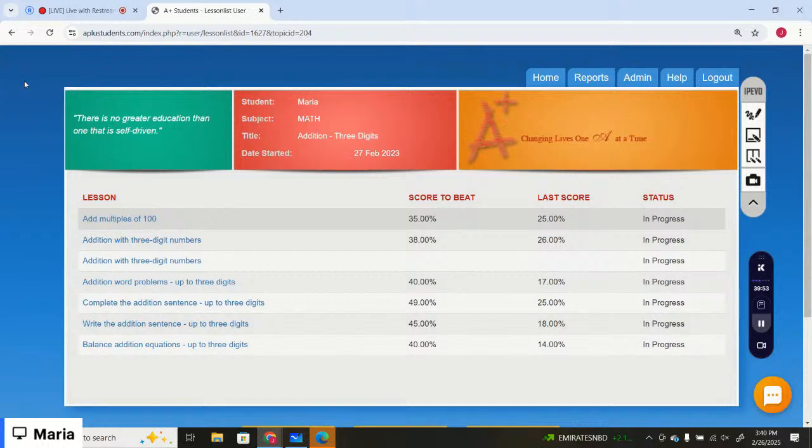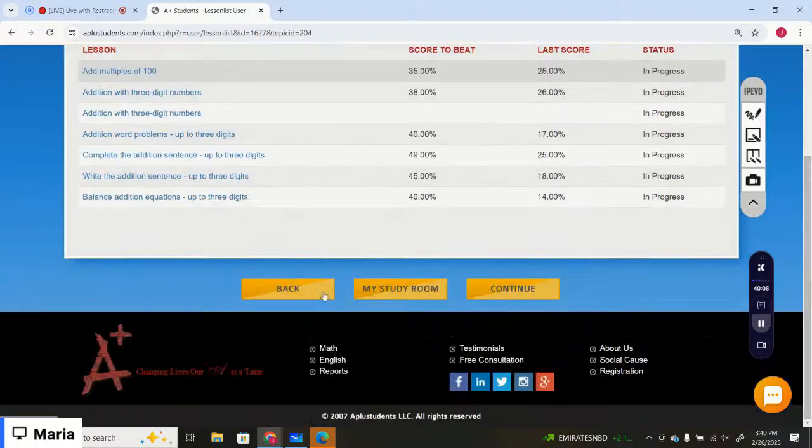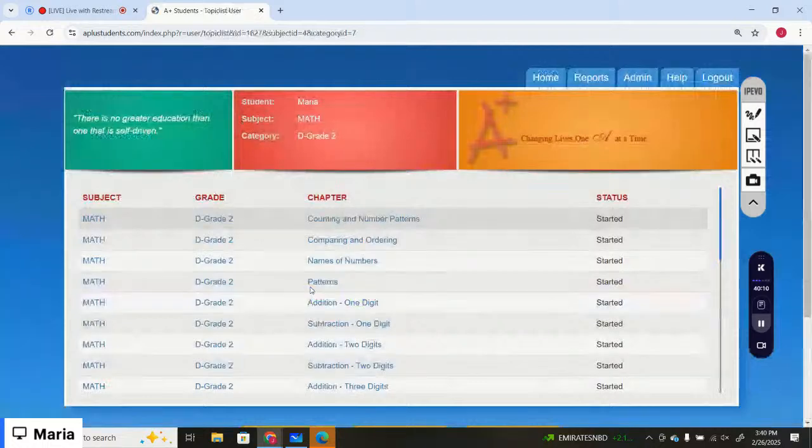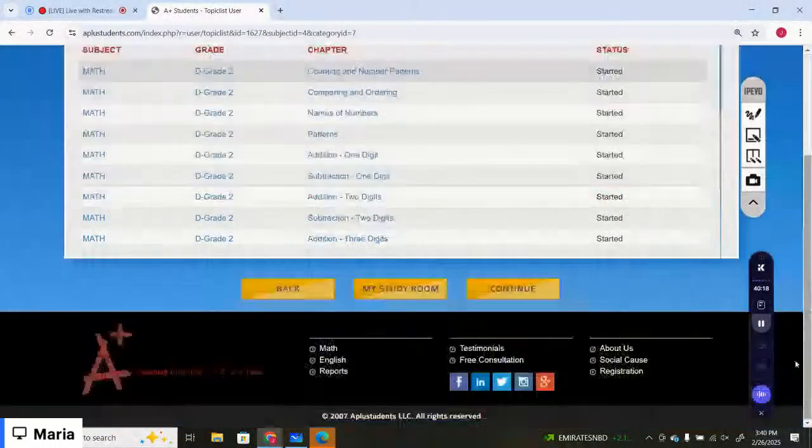The lessons we have covered today are add multiples of 100, addition with 3-digit numbers, add word problems up to 3 digits, complete the addition sentence up to 3 digits. So please make sure before the next session you complete all the practice questions for the lessons we just did. That is your homework until next session.